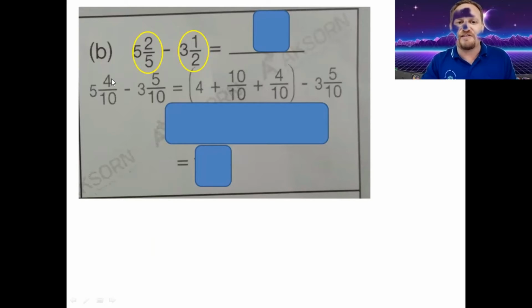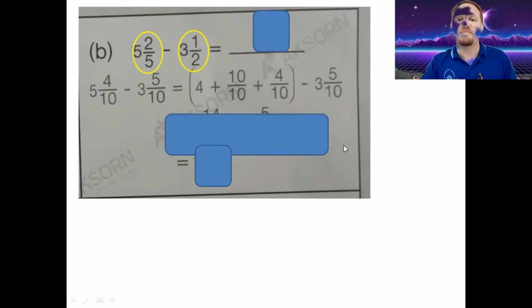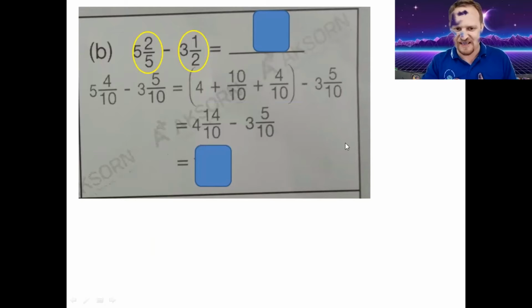So that means 5 and 4 over 10 equals the bracket. 4 plus 10 over 10 equals 5, doesn't it? Because 10 over 10 equals 1 plus 4 over 10. Okay, and that would be minus 3 and 5 over 10. Okay, which would look like this. 4 and 14 over 10 minus 3 and 5 over 10 gives us 1 and 9 over 10.